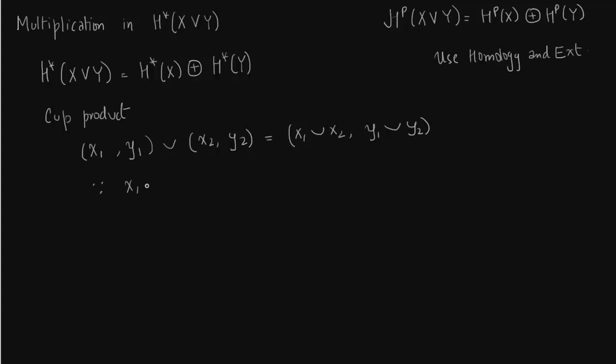So you see that there are no cross products: x1 cup y2 is 0. Why is it 0? Because any such cup product will have to lie in the intersection of these two gridded rings, which is 0. Similarly for the other part, y1 cup x2.